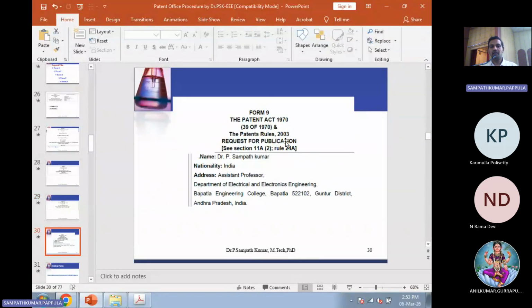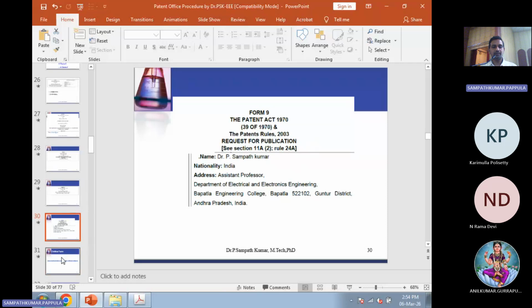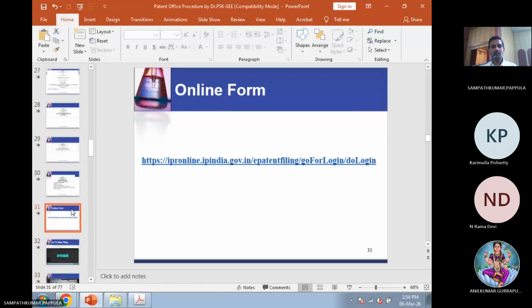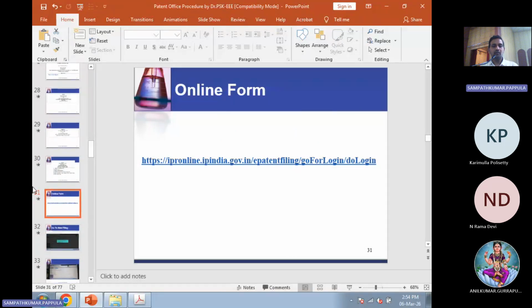And Form 9 is the request for publication to the patent office. There also we need to give all the applicant names along with the signatures. So these are the required files before filing the patent.